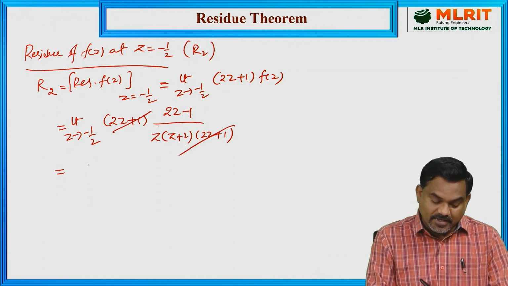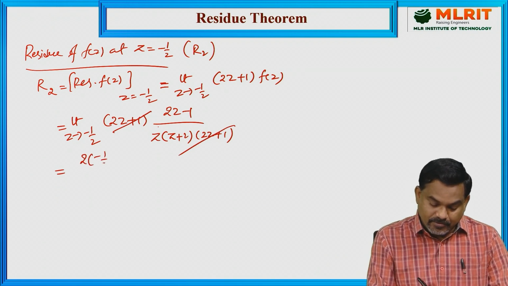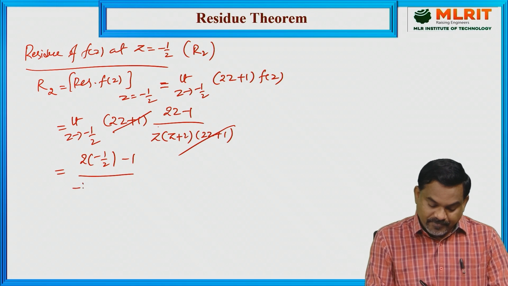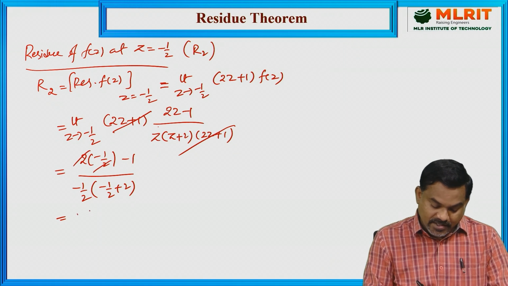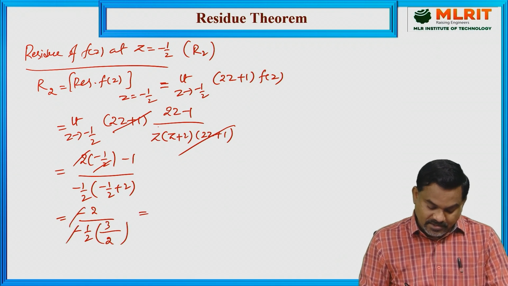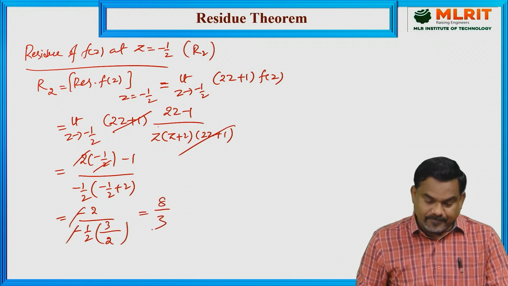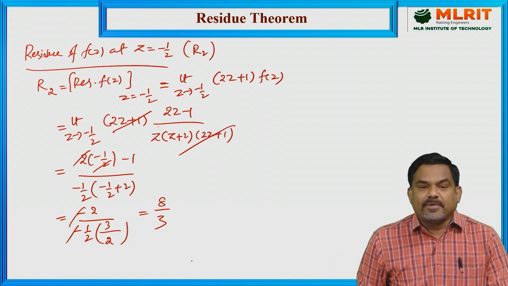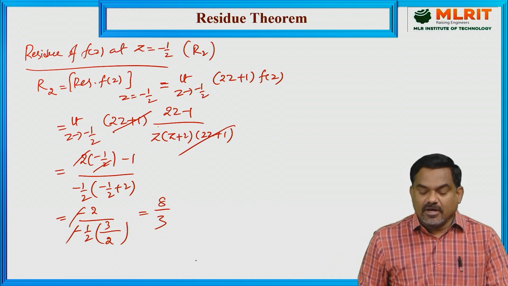Now apply the limit: 2 into minus 1 by 2 minus 1, by minus 1 by 2 into minus 1 by 2 plus 2. So this is minus 2 by minus 1 by 2 into 3 by 2. So minus gets cancelled, 8 by 3. So we have obtained the residues R1 and R2.